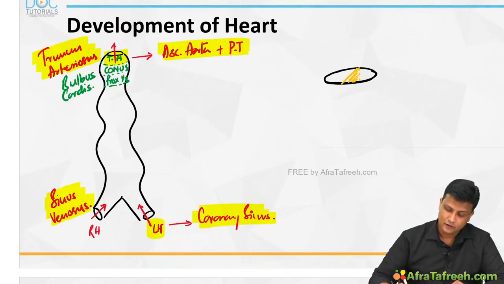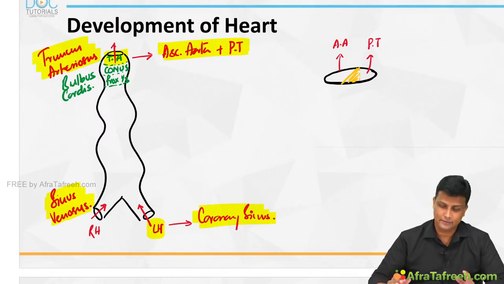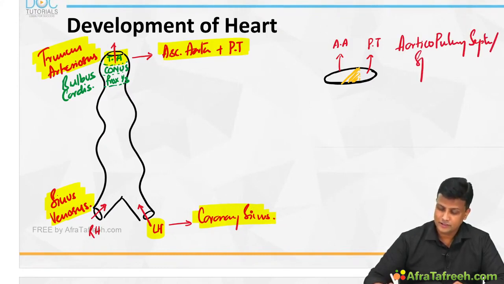On one side you are able to appreciate the ascending aorta, and on the other side there will be the pulmonary trunk. That is the reason why the septum in the middle is referred to as the aorticopulmonary septum, or else it is also known as the spiral septum.